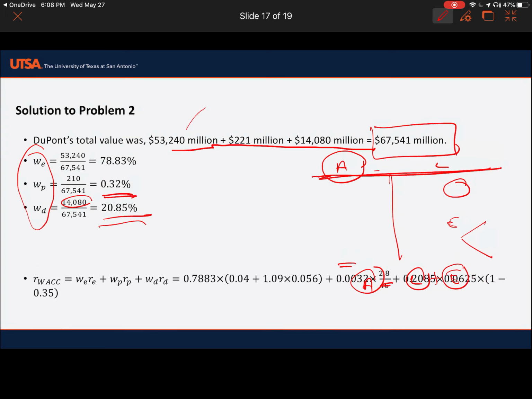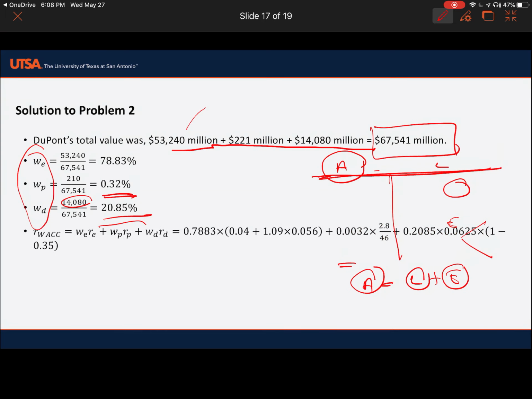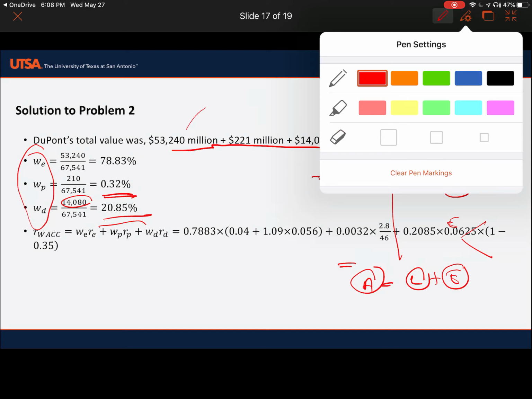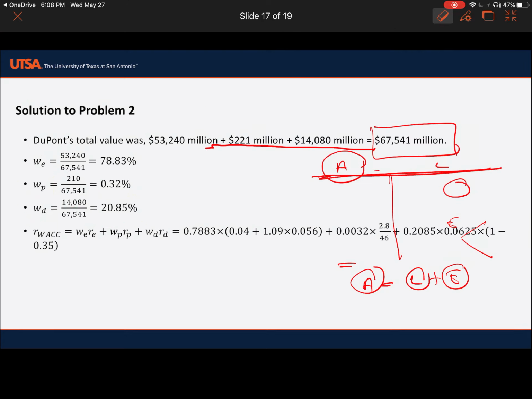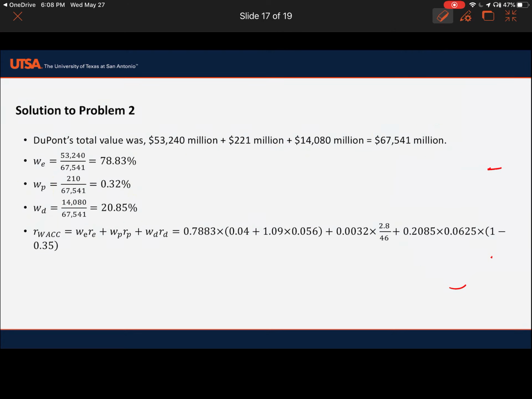Okay. As we need to use these weights in order to compute the weighted average cost of capital, first we calculate the weights of each item. Then we try to find cost of equity, cost of preferred equity, and cost of debt. For cost of equity, we use the CAPM model, the capital asset pricing model.